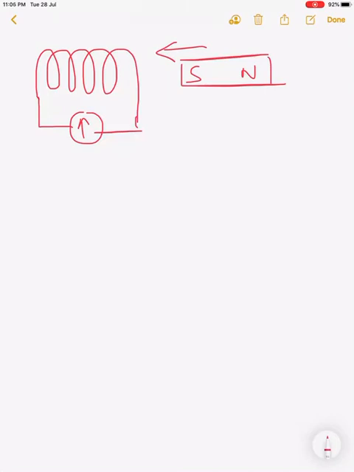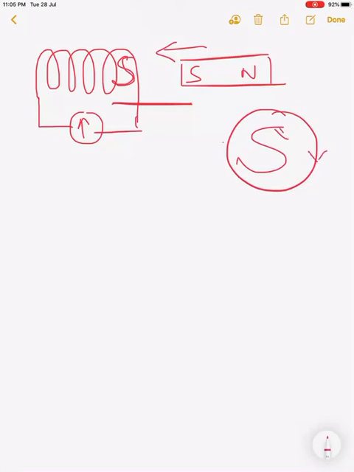Now, when the south pole is moving towards the coil, a south pole is produced here. And this actually once again opposes the movement of the south pole towards the coil. And the current here will be clockwise.